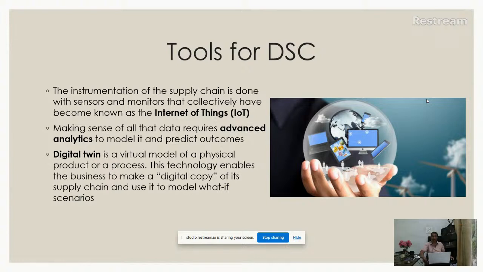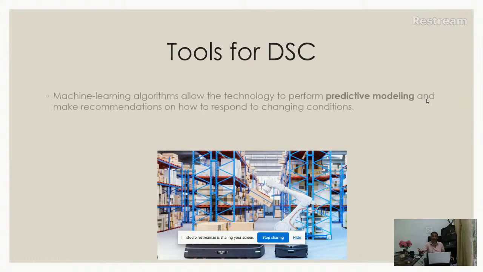This technology enables the business to make a digital copy of its supply chain and use it to model what-if analysis. So you need to understand what these tools are, at least to a basic extent, especially if you are looking for a job in consulting or software development companies, they will definitely help. On the other hand, if you are looking for a job in a global organization, these will definitely help.